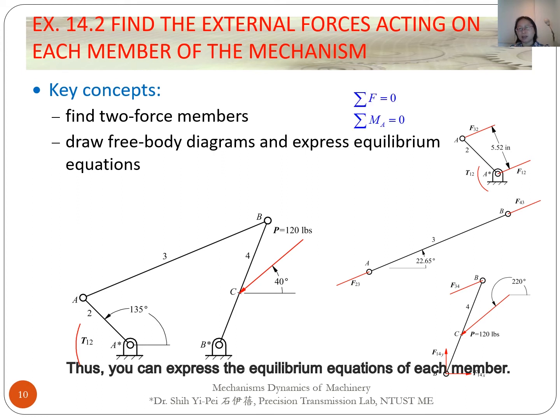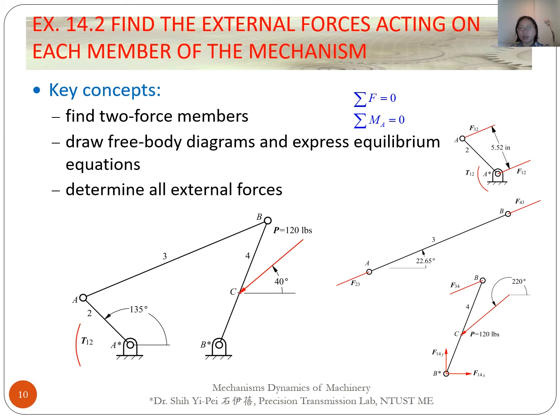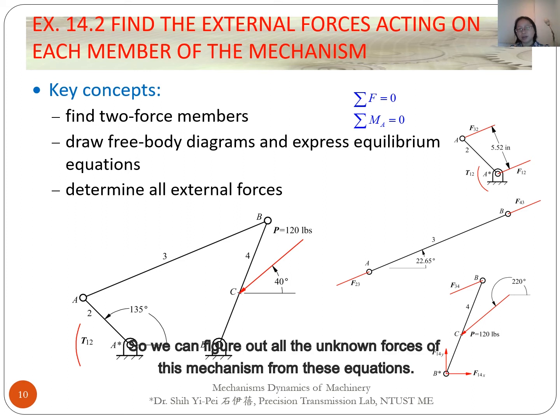Thus, you can express the equilibrium equations of each member. We call this free body diagrams. If we have equilibrium equations of all members, they make up a system of linear equations. So we can figure out all the unknown forces of this mechanism from these equations.